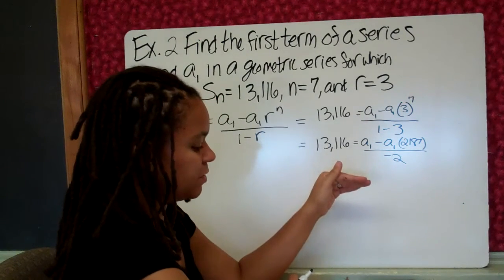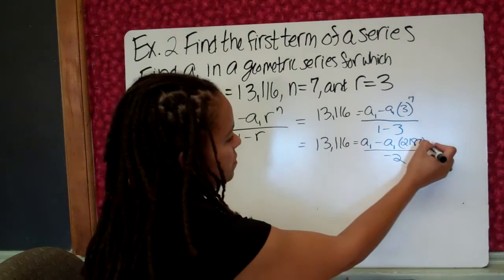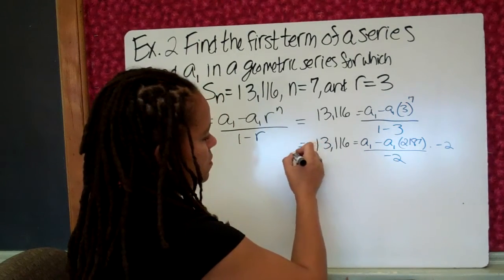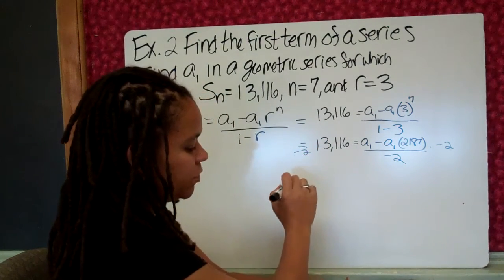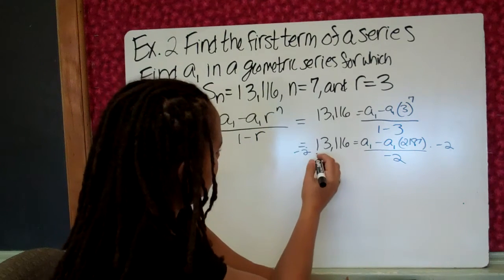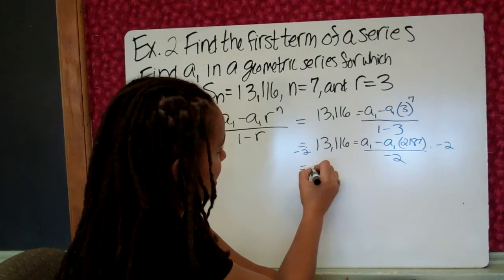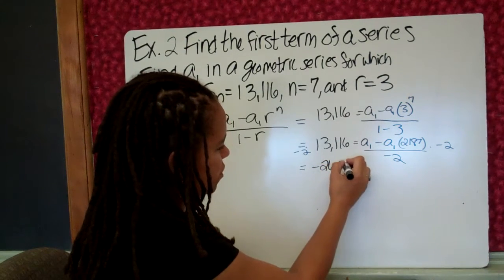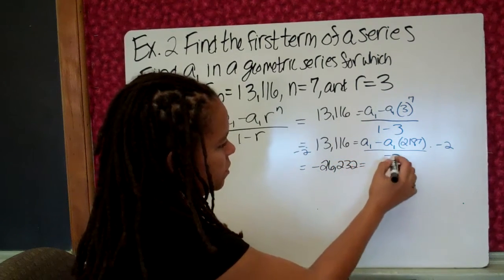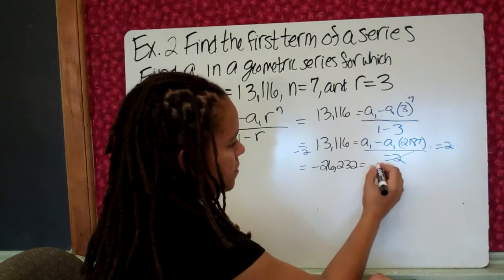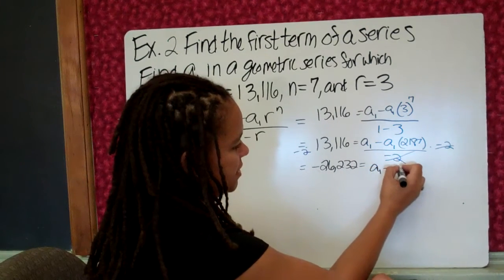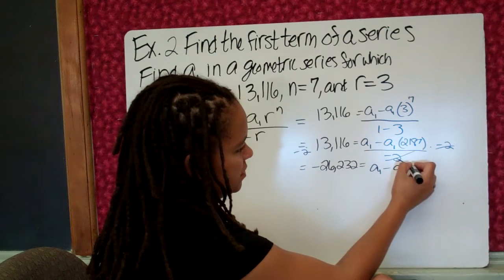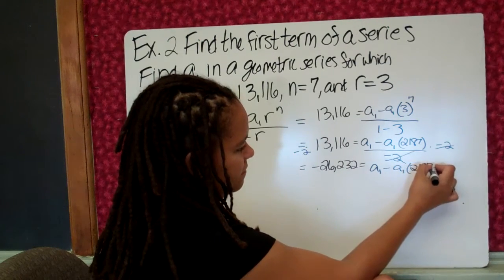Let's multiply both sides by negative 2. Then we should end up with negative 26,232 is equal to, that canceled out, A1 minus A1 times 2187.